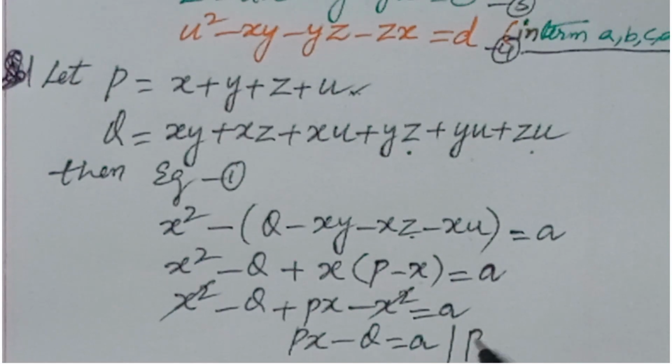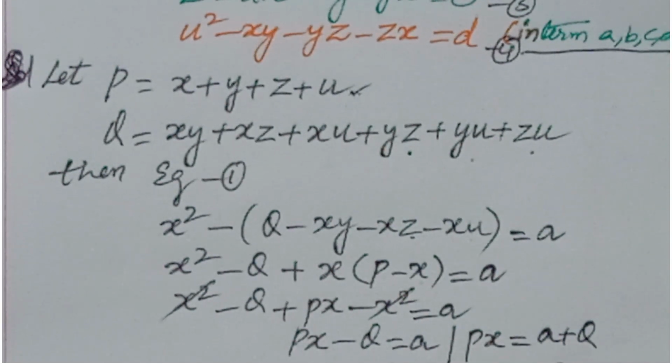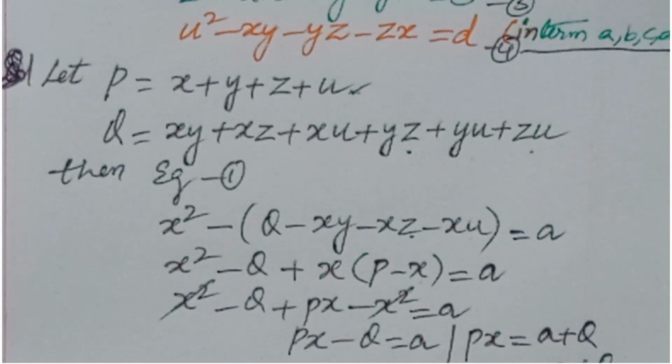From this, px equals a plus q, so x equals (a plus q) by p.